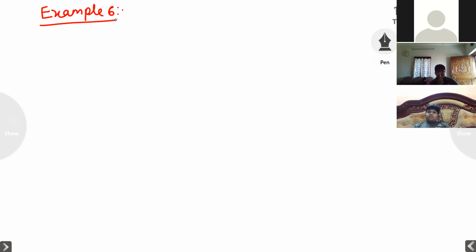Example 6. Ram weighs 70 kilograms, comma, Mark weighs k kilograms.